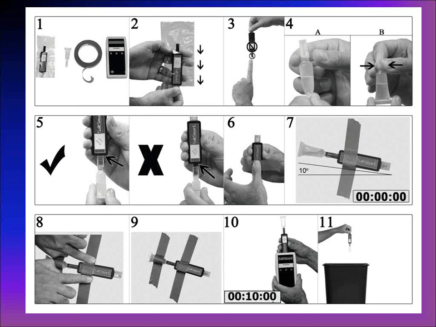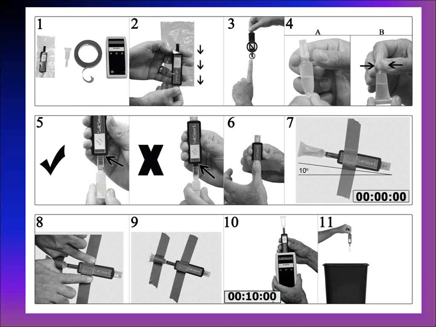Fully connect the water ampule onto the test strip as shown in Figure 5 on the slide. Make sure the ampule is completely connected to the test strip as demonstrated by the check mark in Figure 5. An incorrect connection of the ampule to the test strip is noted in Figure 5 by the X.